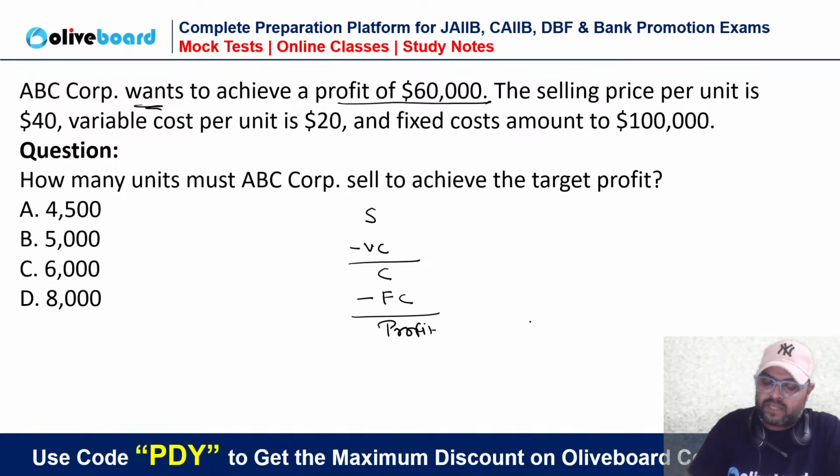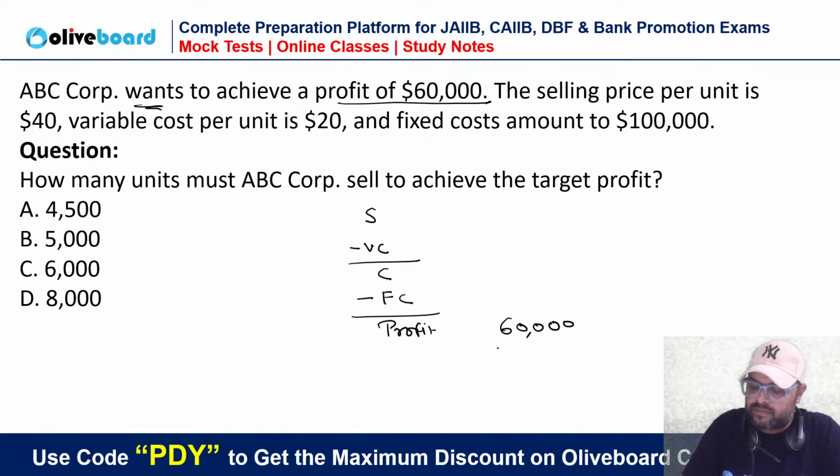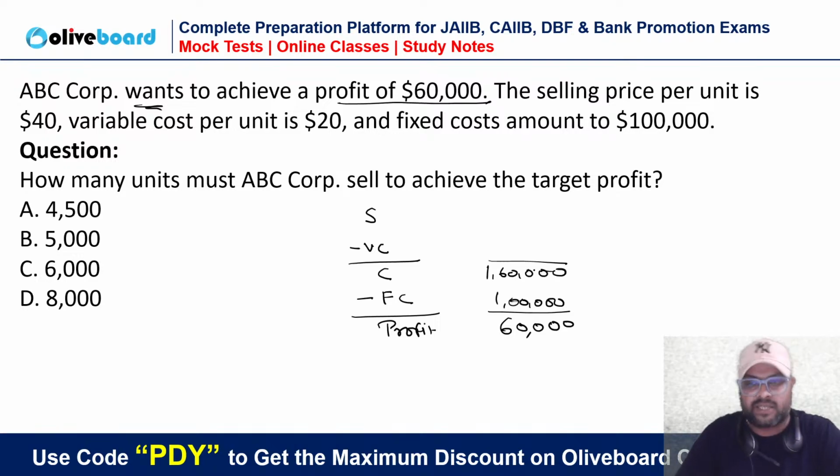So as per the question, the targeted profit is already fixed. Selling price per unit is 40, variable cost is 20 and fixed cost is 1 lakh. So 1 lakh is also given in the question. So if I do the reverse calculation, there will be a value of 1,60,000.